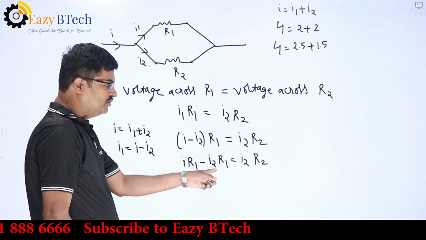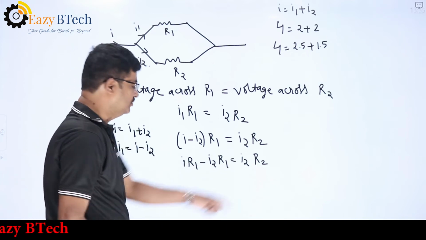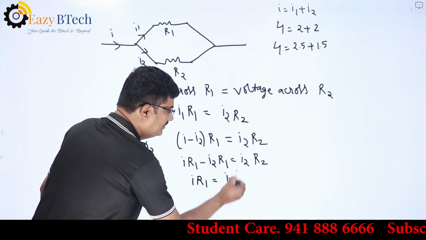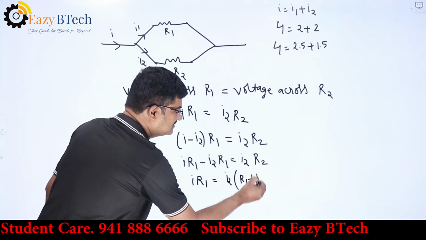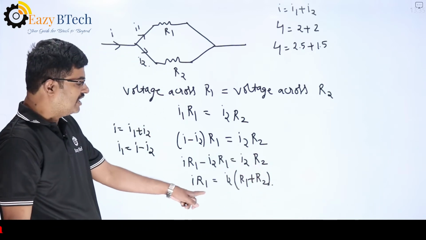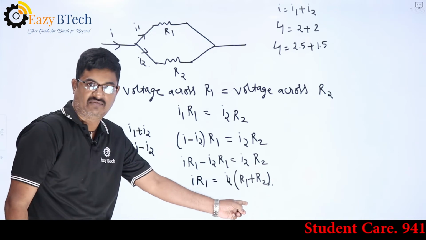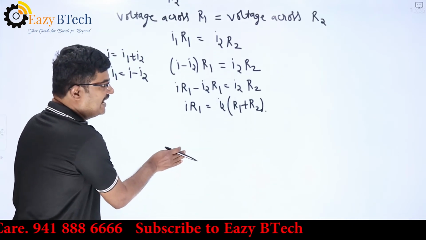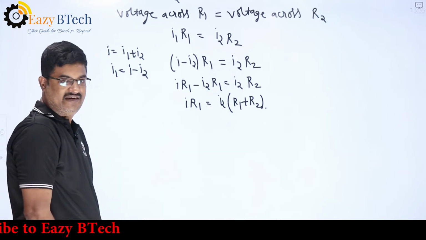Here I have I2 into R2 and I2 into R1, so I into R1 is equal to I2 into R1 plus R2. Now I know the total current and I know the equivalent resistances also.